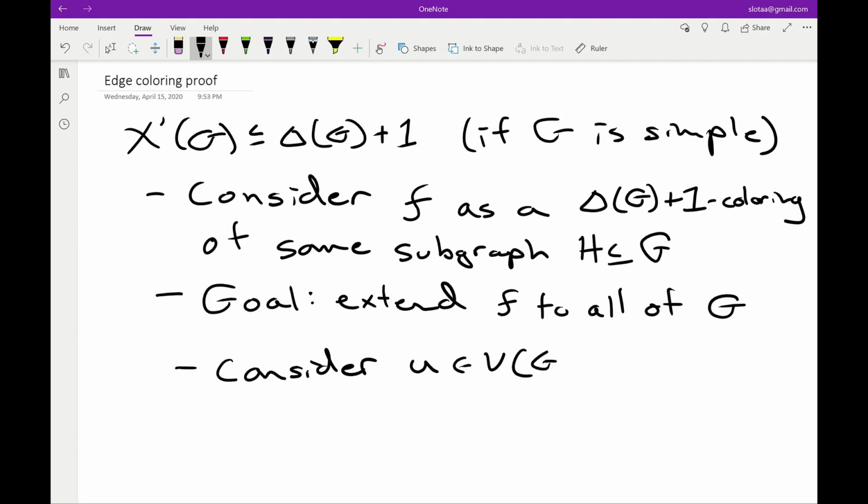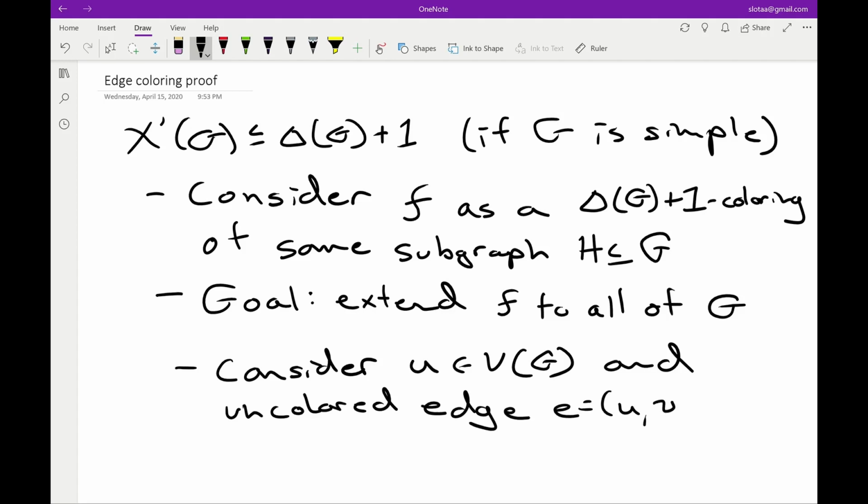U is within the vertex set of G, and we have an uncolored edge, let's say equals UV, within the edge set of G. The goal is to extend the current coloring, which we can consider as Delta(G) plus 1, to that edge.